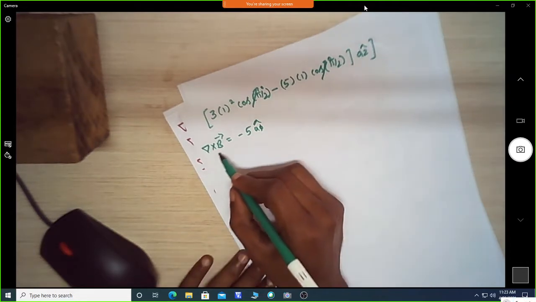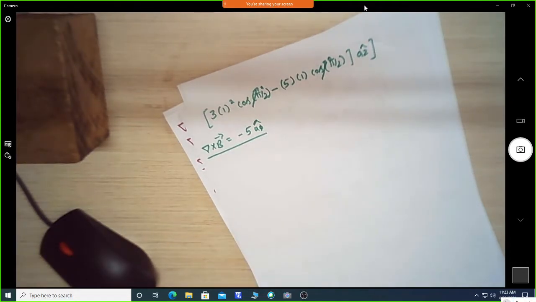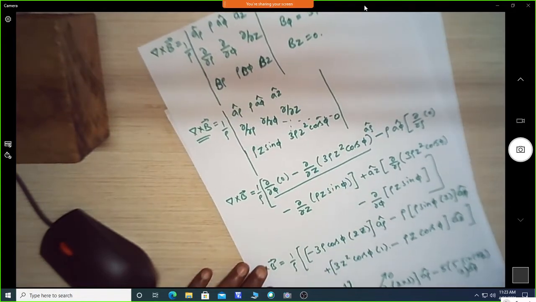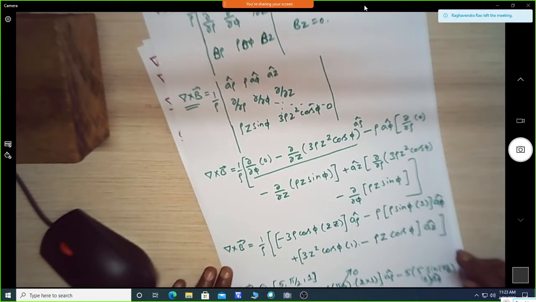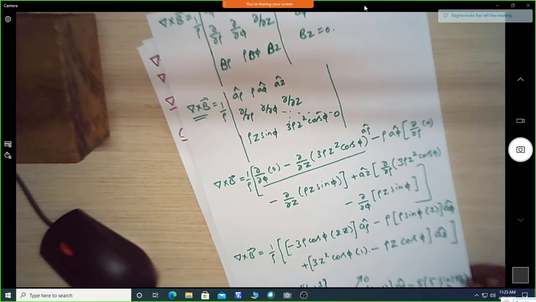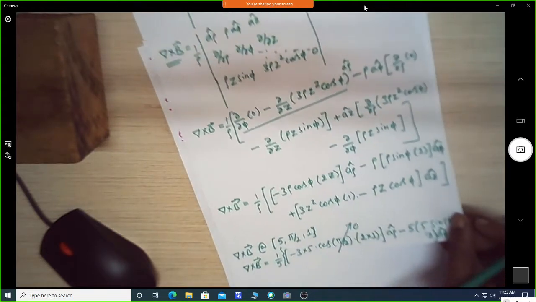So now what is the resultant? Only the phi component. Have you got it, this one? Hello? So all of you got it, this one?